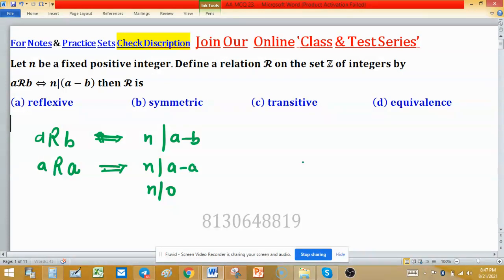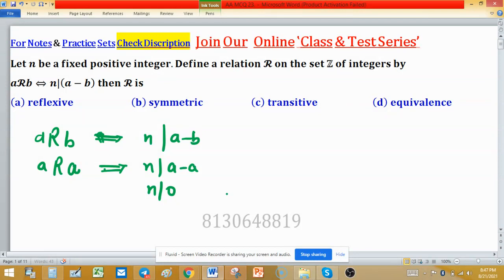Because this is 0 and n is positive, it is understood that n may not be 0, and it is clearly written that n cannot be negative either. So n is a positive integer, which is given to us.